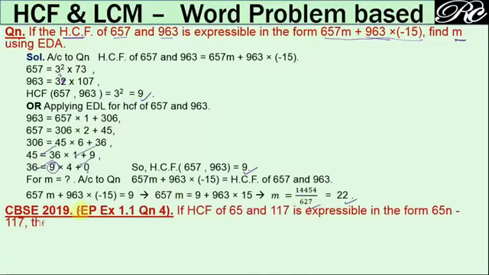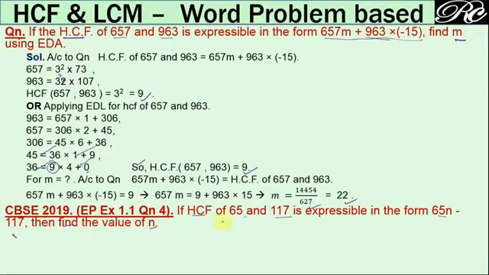Based on this concept or this idea, a question was asked in 2019. It is like this. The same is also present in the exemplar problem book, exercise 1.1, question number 4. If the HCF of 65 and 117 is expressed in the form of 65n minus 117, then find the value of n.